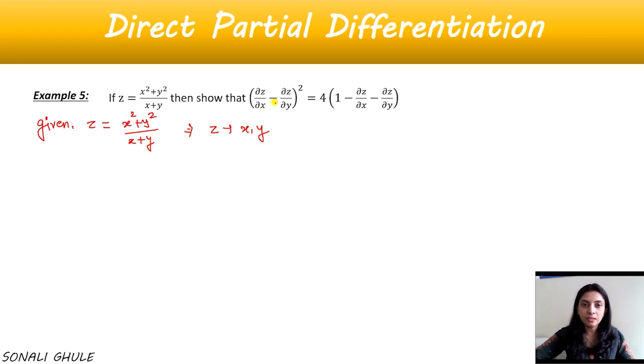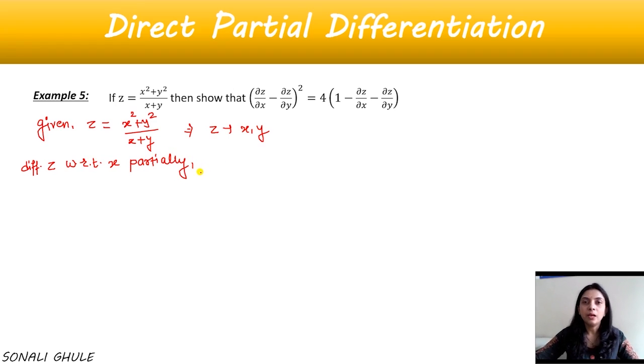If we see the proof, there are derivatives of z with respect to x and y. Therefore, I have to differentiate the given function with respect to x and y. So differentiate first z with respect to x partially.